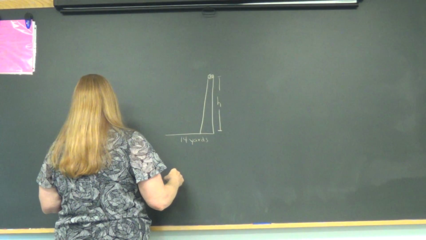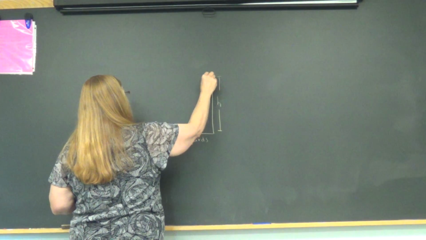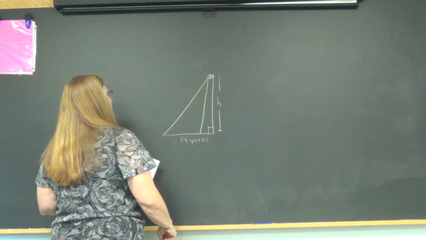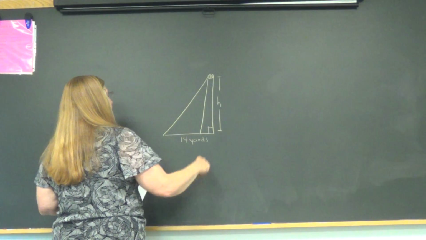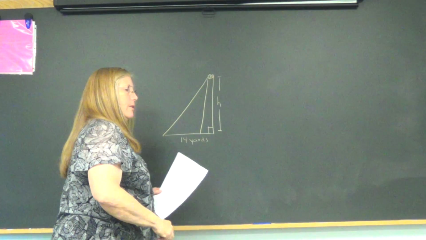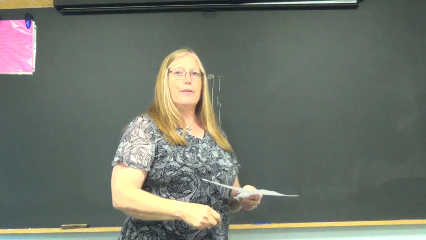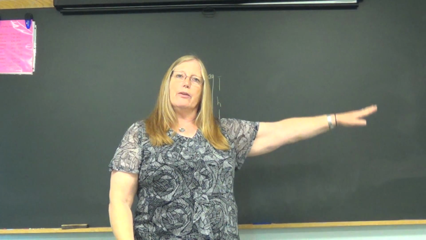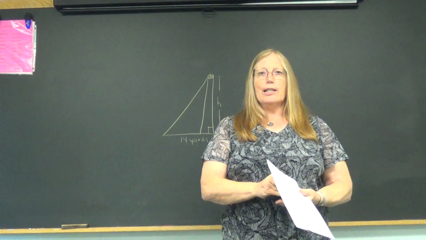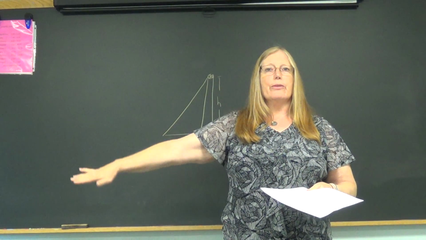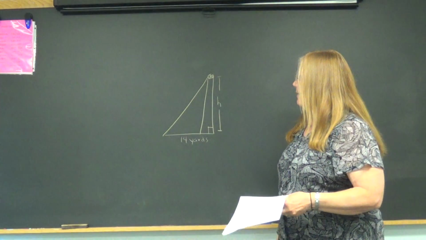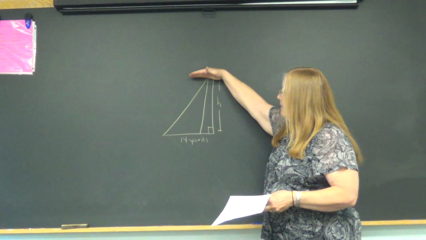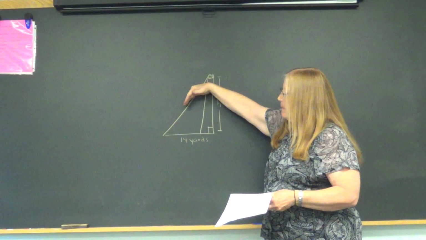And we know one other part. So I'll make a right triangle. There's the right triangle. And I am assuming then there's a new part called the angle of depression. Just like angle of elevation started at a horizontal and went up, the angle of depression starts at a horizontal and goes down. So where could that have happened in here? Well, right up here we have the angle of depression.